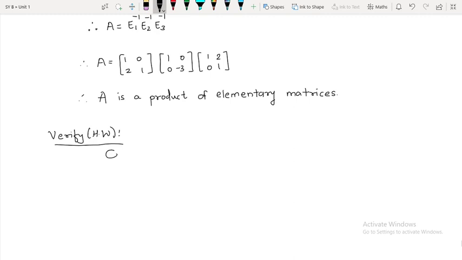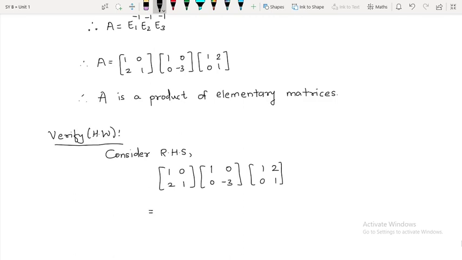You are supposed to consider the RHS in this case. That is 1 0 2 1 multiplied by 1 0 0 minus 3 multiplied by 1 2 0 1, and after taking the product, you should get A. So if you are getting A, then your answer is right.